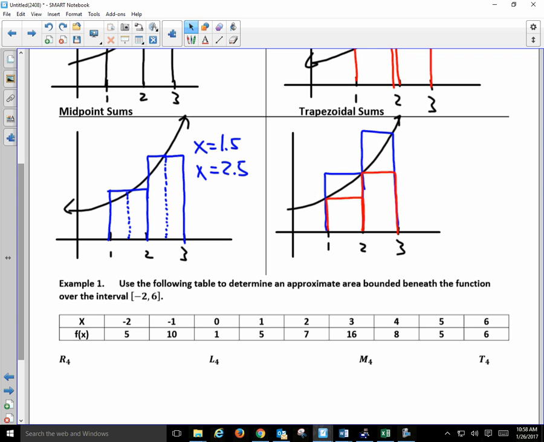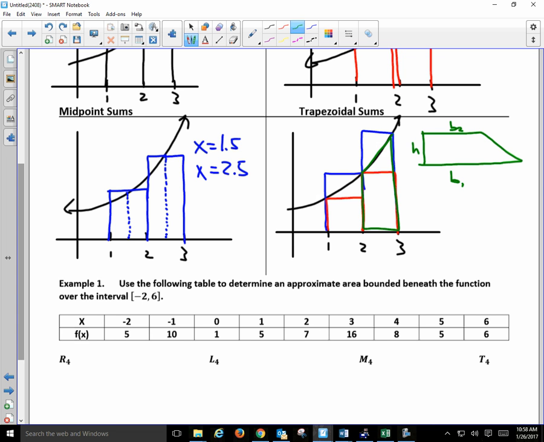So therefore, if I were to average the two, I would take the amount that's left over and just split it in half, correct? And when I do that, I get this green shape, which is a trapezoid, isn't it? It's standing on its end. If we were to tilt it to the side, you would see that the trapezoid looks like that, where this is base 1, this is base 2, and this is my height. And you can find that area.